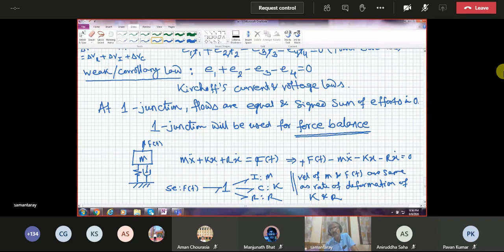These two are equivalent. If this happens, the other one will happen. That's the corollary law. Okay? So wherever you write flows are equal, that also implies the sum of efforts with some plus minus sign will be 0. That is what a one junction is.